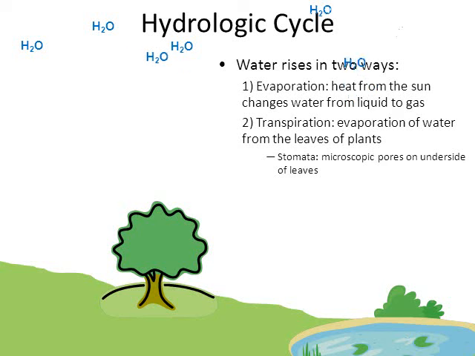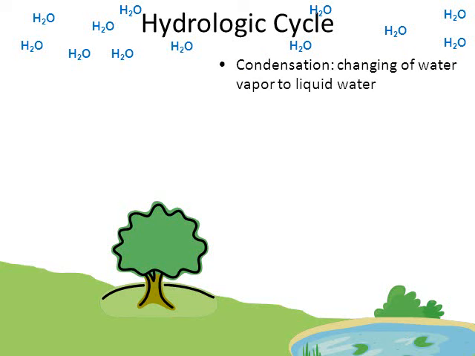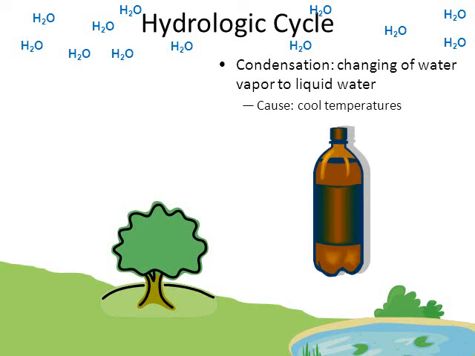Of course, water collects in the atmosphere, and eventually it's going to condense and form clouds. So when we continue on with our hydrologic cycle, now that there's water vapor in the atmosphere, condensation occurs because as water rises into the air, it eventually encounters cooler temperatures. You know examples of condensation on a hot summer day. For instance, let's say you take a soda out of the refrigerator and leave it outside for 5 minutes.